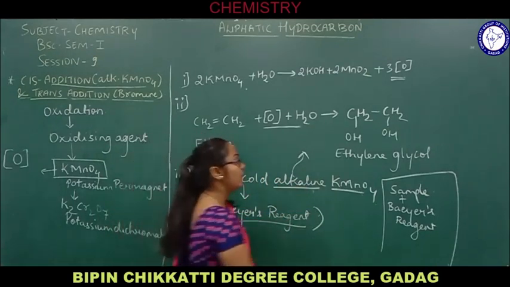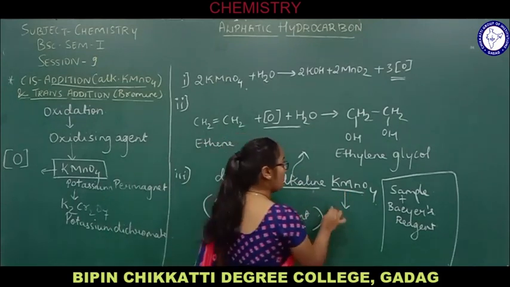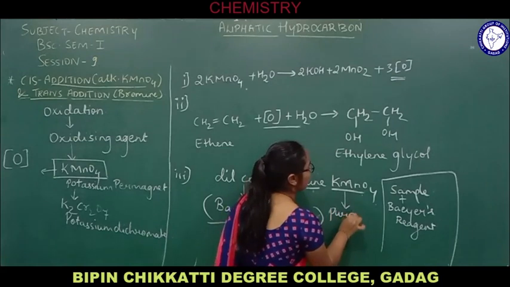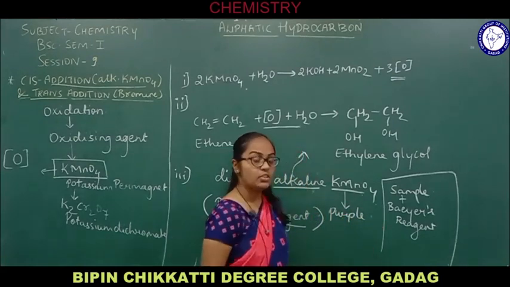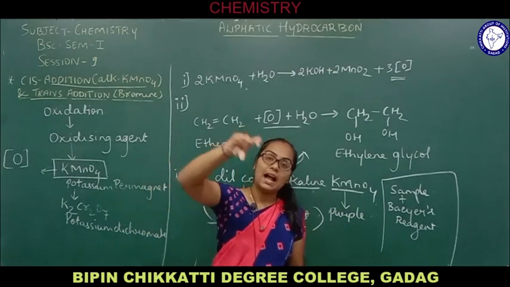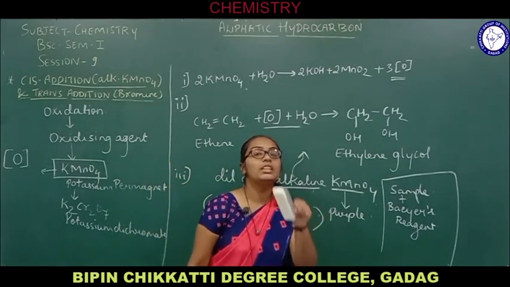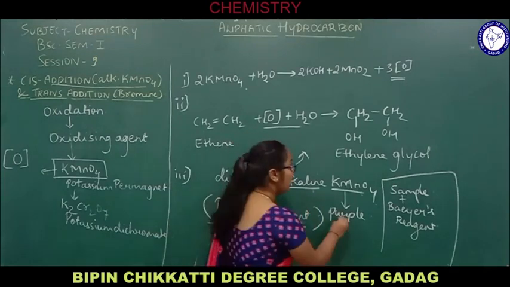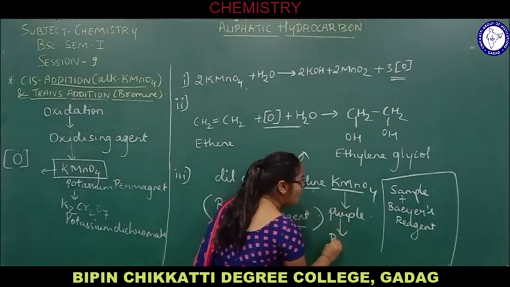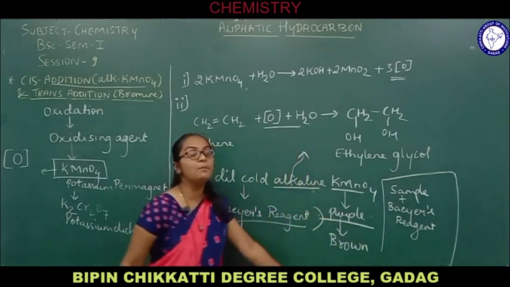As we know, potassium permanganate is purple in color. So the moment you add an alkene sample into the KMnO4 solution, the purple color of the KMnO4 will vanish into a brown color.